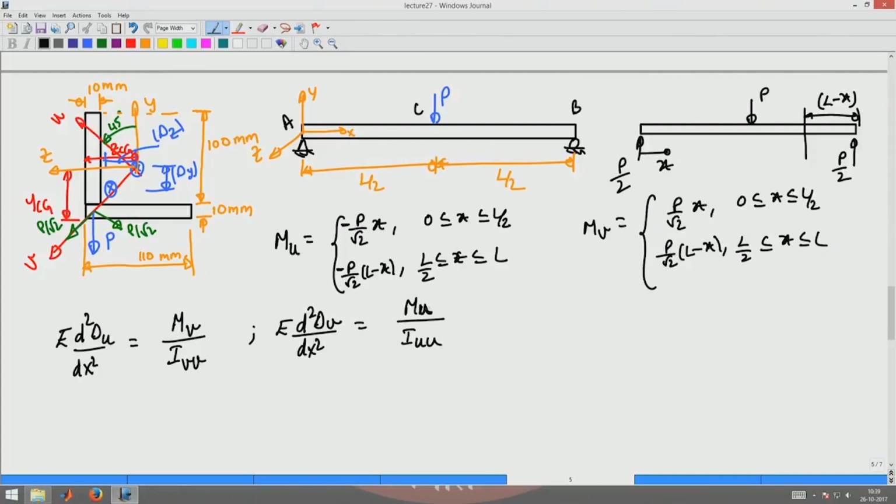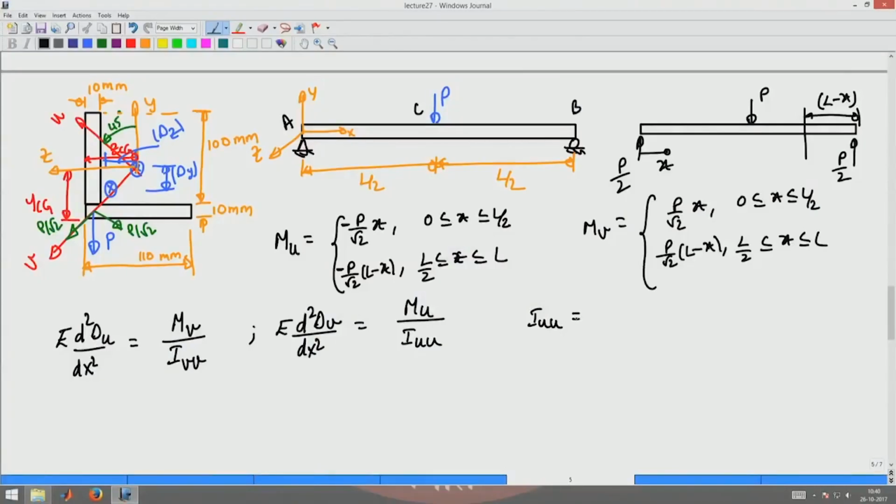Mu divided by IUU. Now I know that I can use Mohr's circle equations to transform and find IUU and IVV. IXX, IZZ and IYY were the same for this cross section.